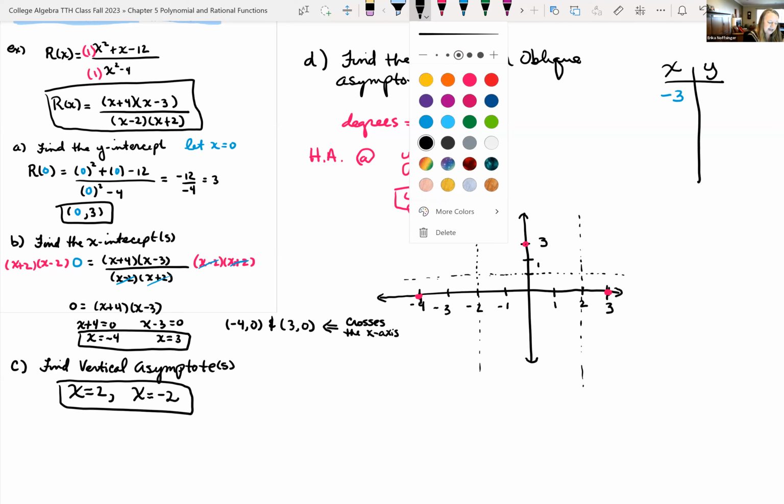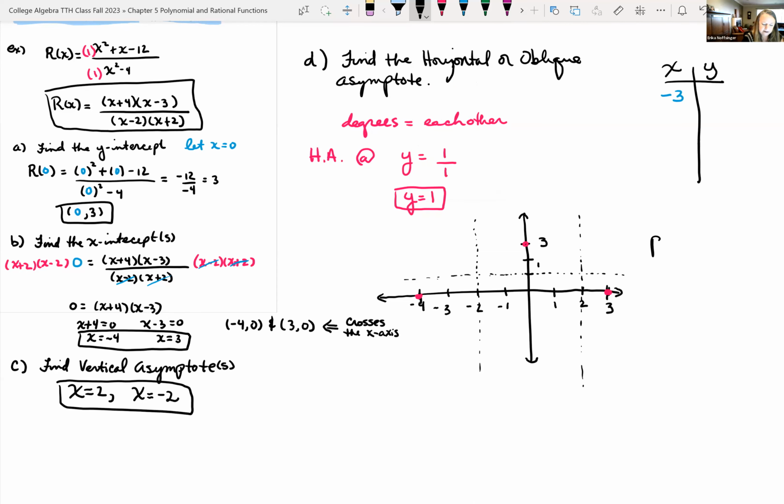So if I plug in -3, r of -3, for my first factor I have -3 plus 1, which leaves me with -2... I have -3 plus 1, which is going to leave me with a 1. And then I have -3 minus 3, so that would be -6.